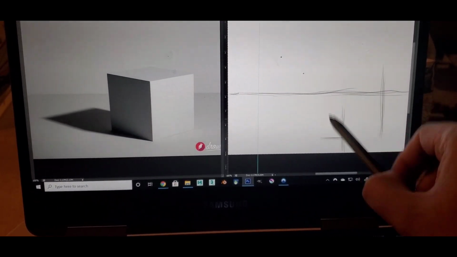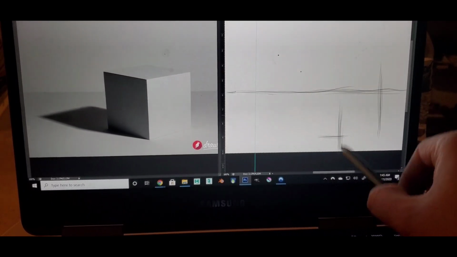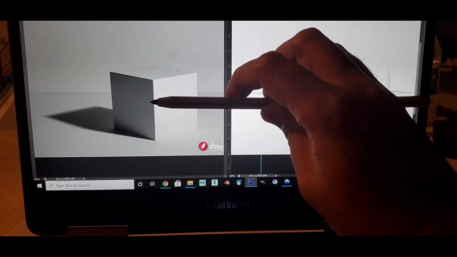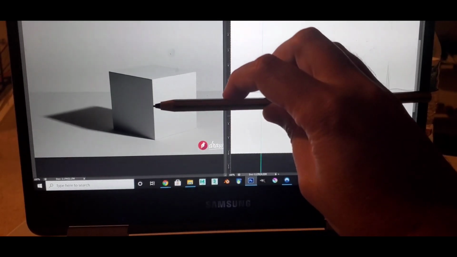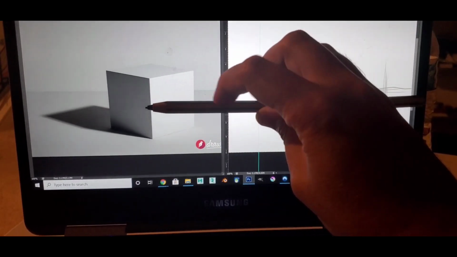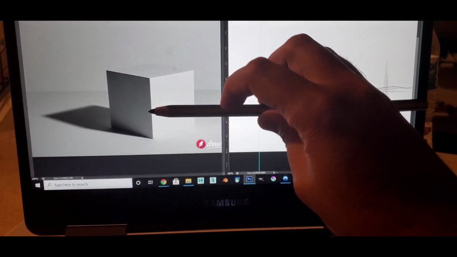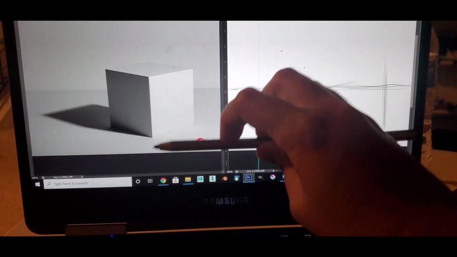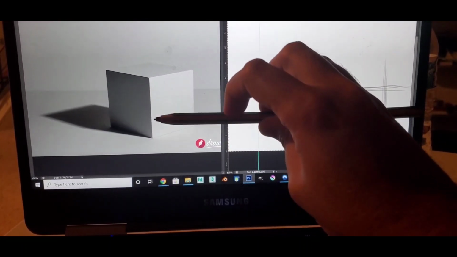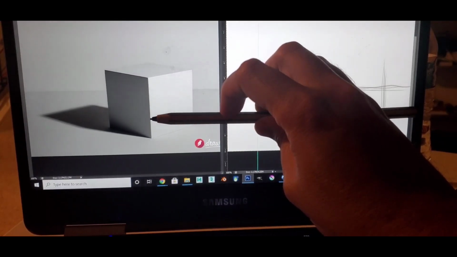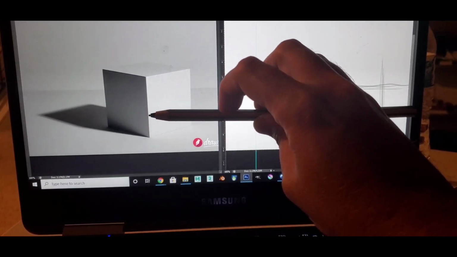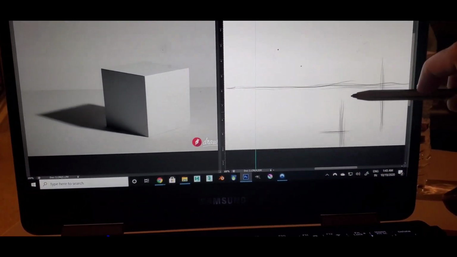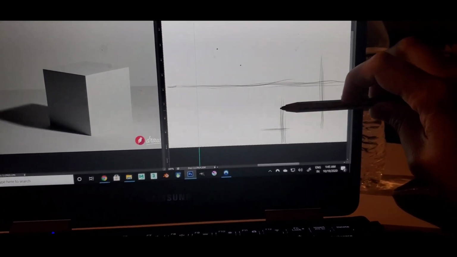But how you should go about it is use your pencil itself. See how I'm using this as a scale. I keep it parallel to the edge, not this or this, and see this distance from the tip to my finger, try and match, translate that same distance over here.